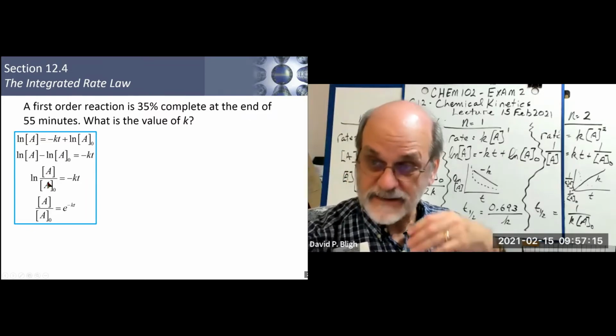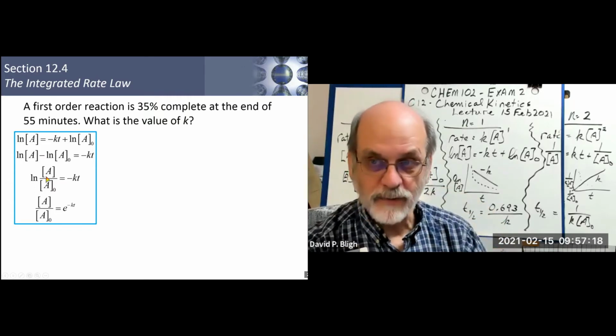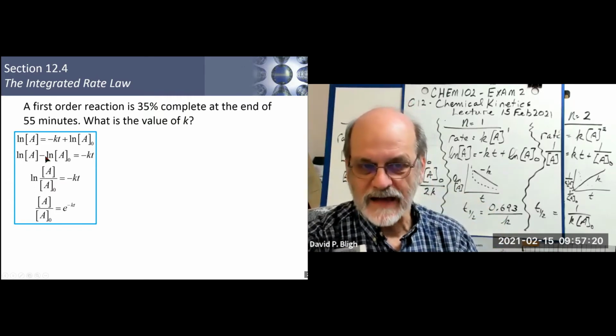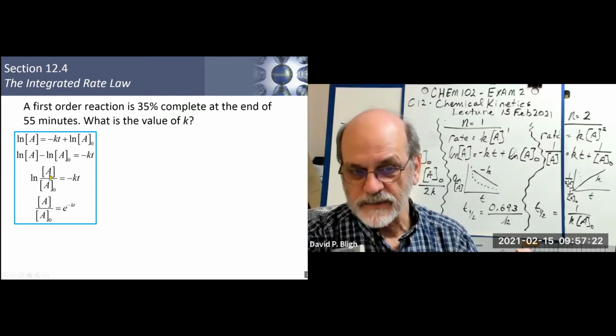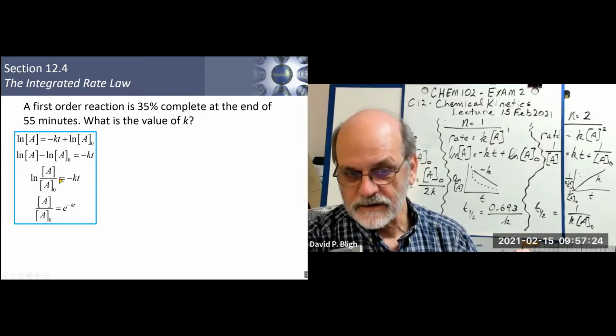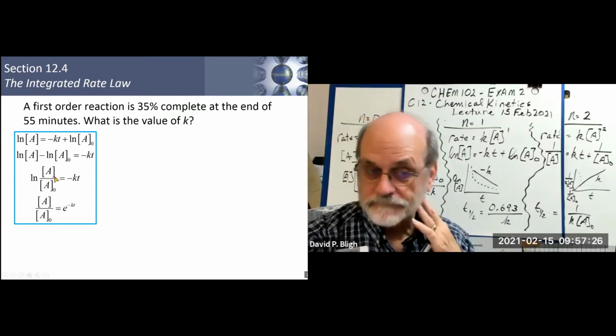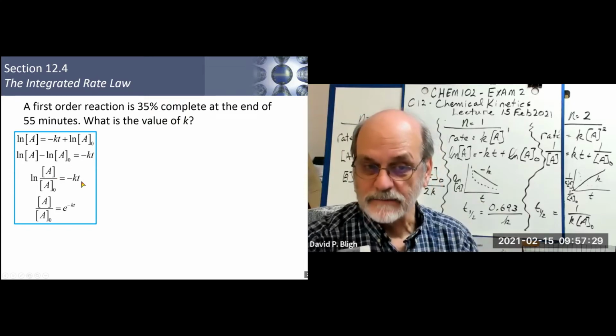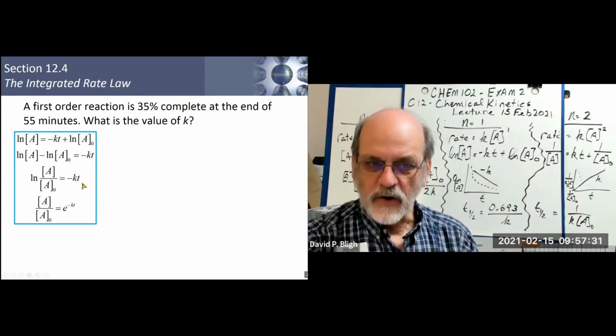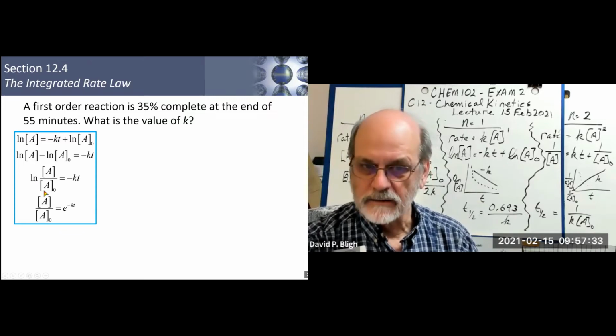That's a valid log operation. So this minus sign, when you put the logs together, becomes this divisor sign. And that's still equal to minus KT. So how do you get rid of the log here?